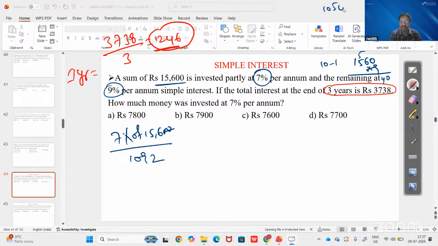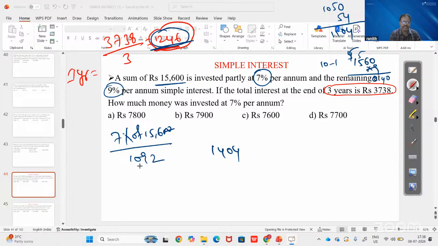So that is 1050, 6 nines are 54. 9 sixes are 54, 9 fives are 45, 9 ones are 9, so 1404. So if I take the interest per annum, I'm getting 1246.